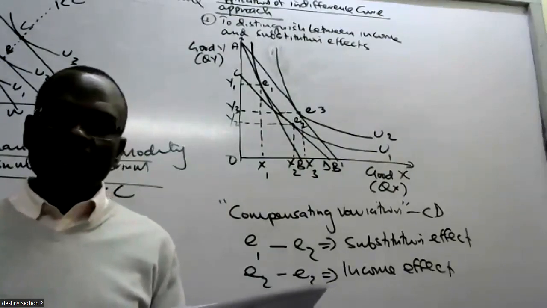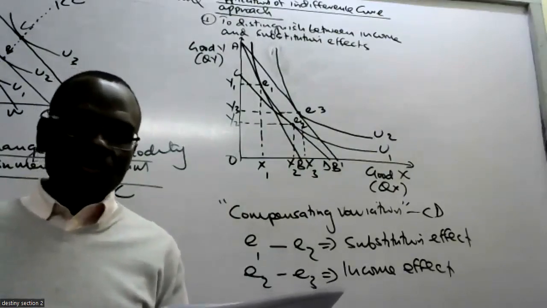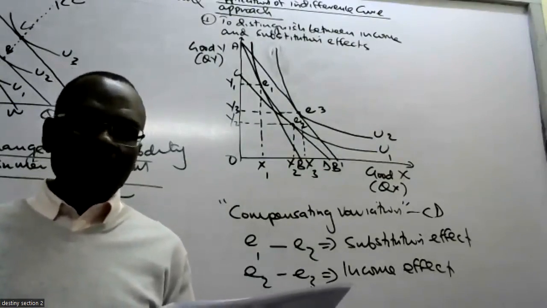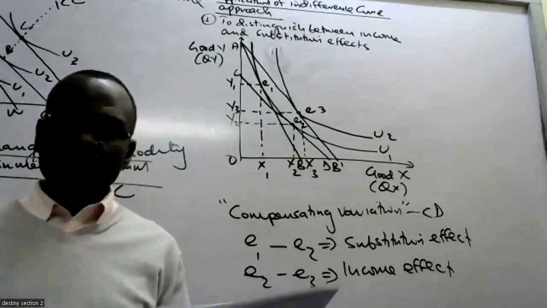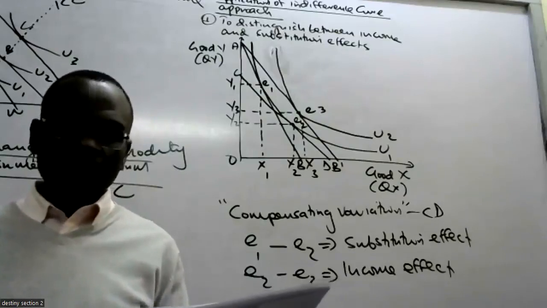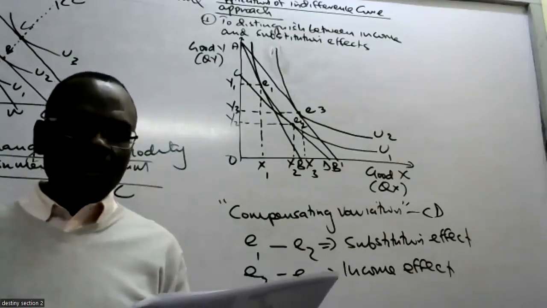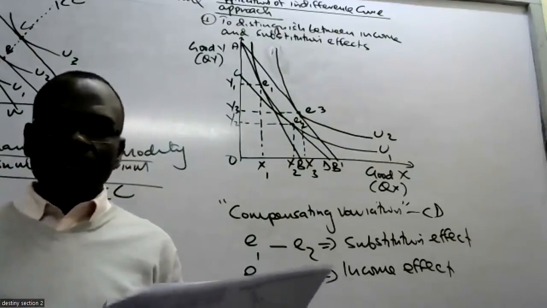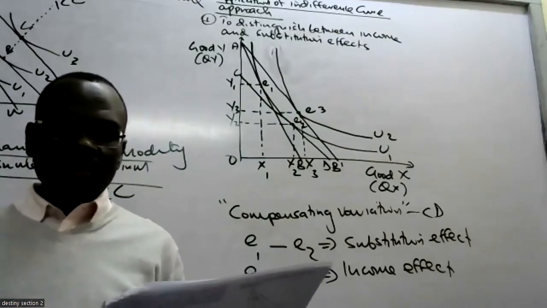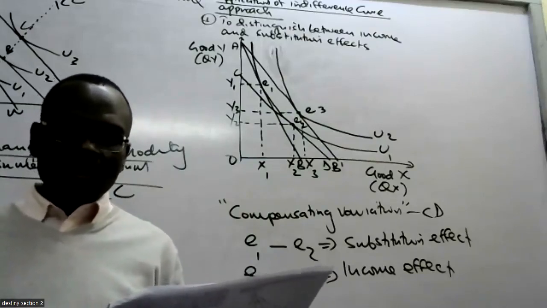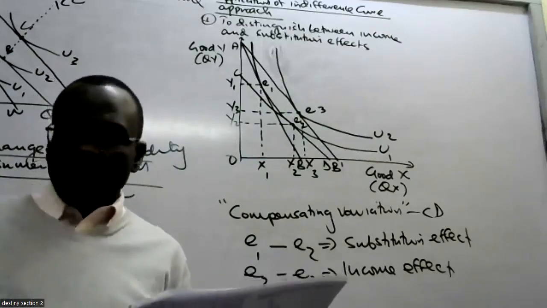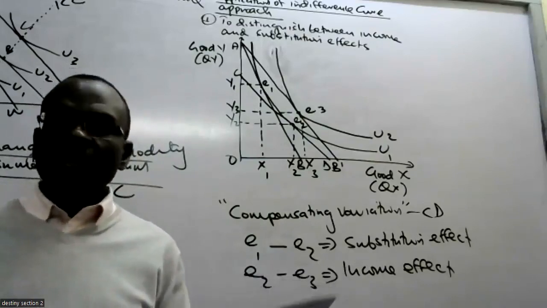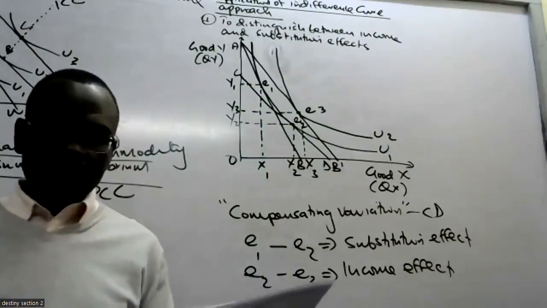The total price effect may be split into two separate effects, i.e., the income effect and the substitution effect. As the price of commodity X falls, it becomes relatively cheaper to buy commodity X, and thus the consumer is induced to substitute more of X for Y. This is called the substitution effect.